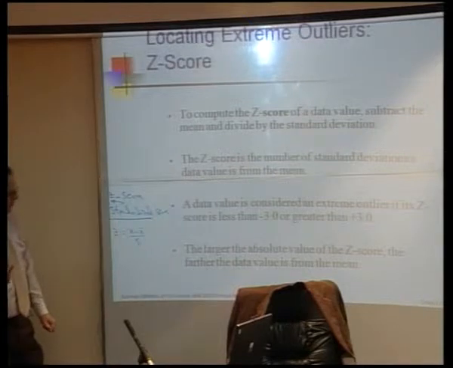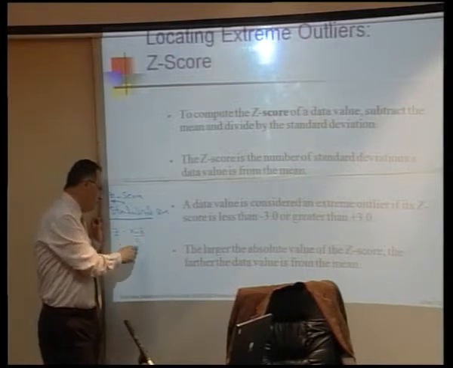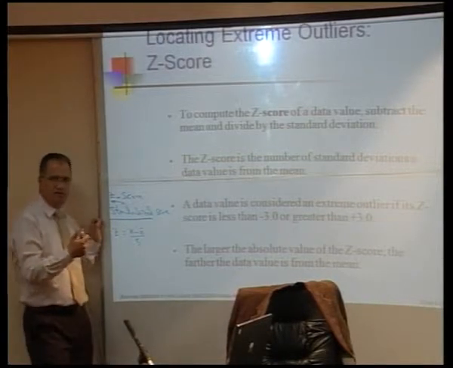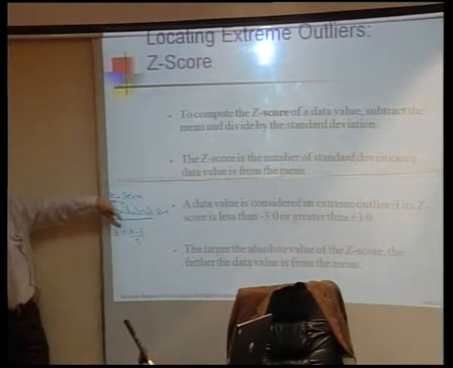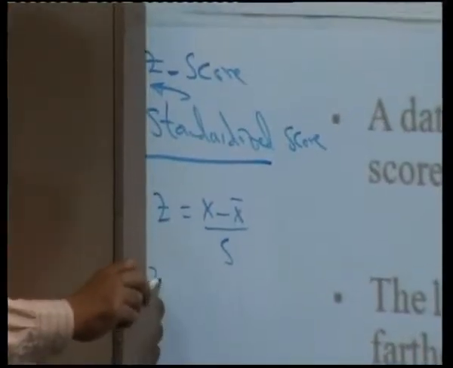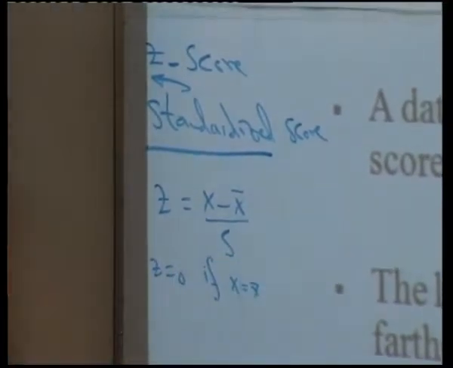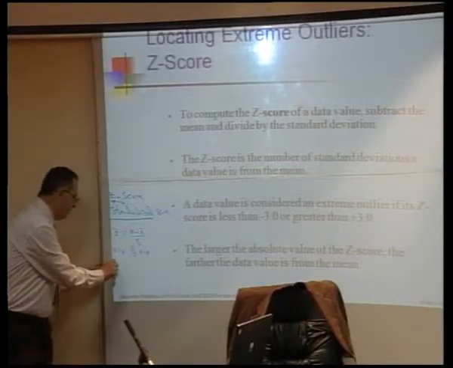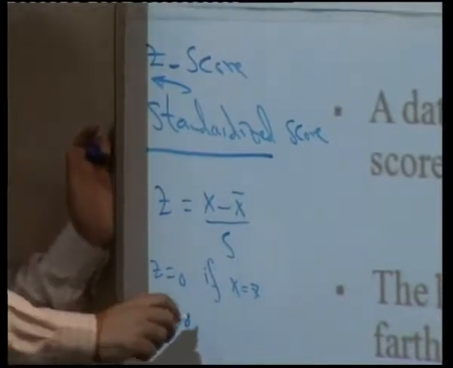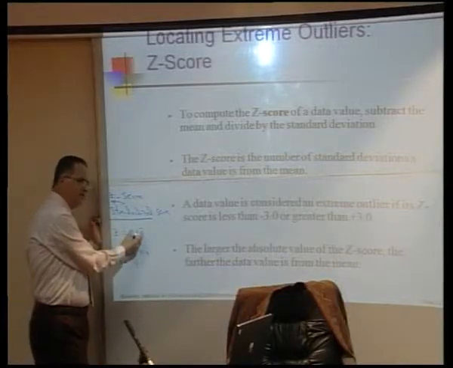Now what are the signs of this score? This score can be positive, can be negative, or maybe equal 0. Because x minus x bar, if they are the same, this score equals 0, that's only if x equals x bar. Otherwise, this score may be positive or negative. The sign can be determined by using this distance.